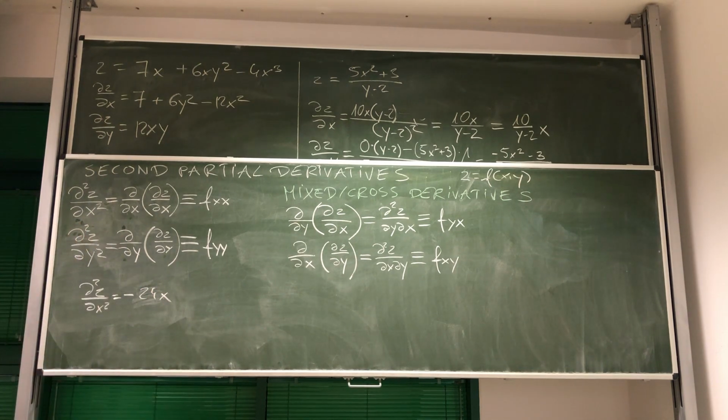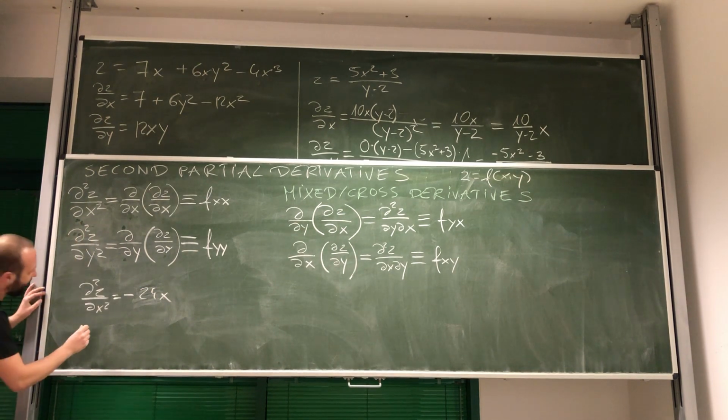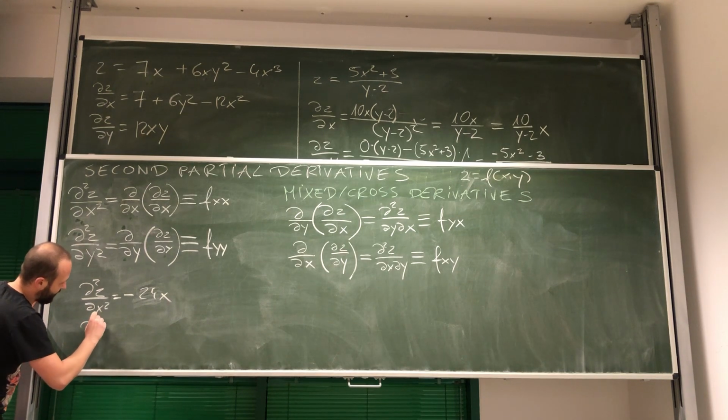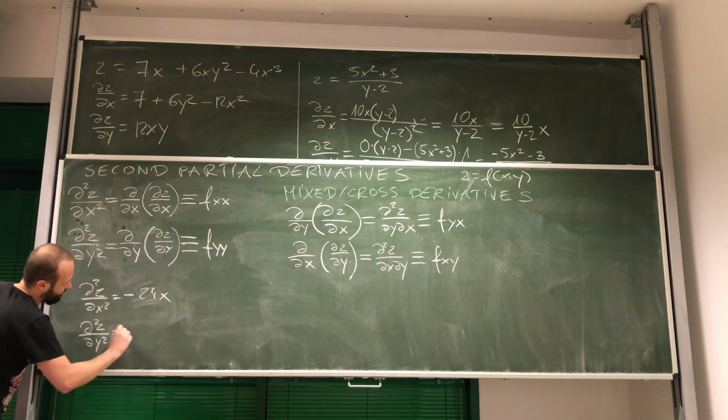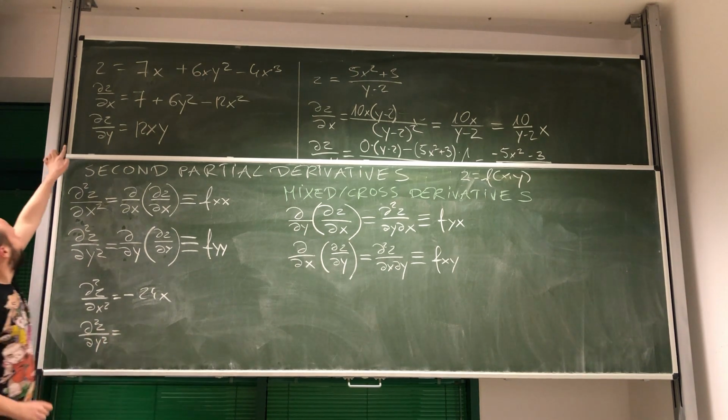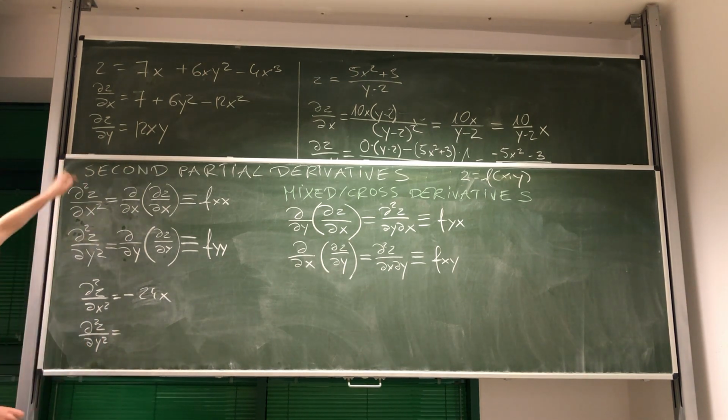Then let's say that I'm going to calculate d squared z over dy squared, and I'm differentiating this derivative with respect to y, and I'm getting that this is just 12x.